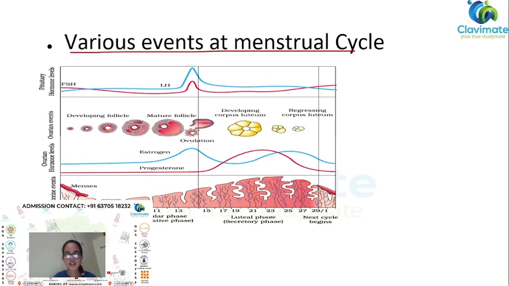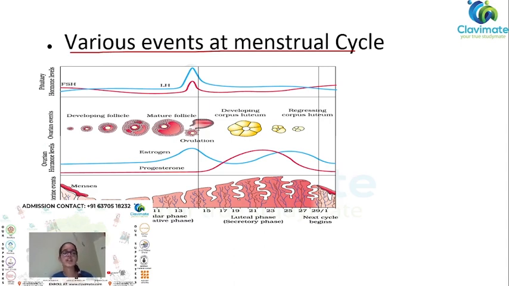And here it is the luteal phase, from the 14th day to the 29th day. If the egg doesn't fertilize, then again you're going to have your menstrual cycle after 28 days. So this is the whole period of the event.